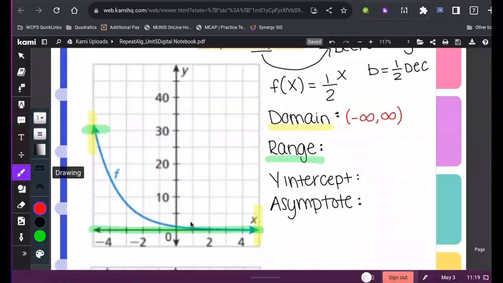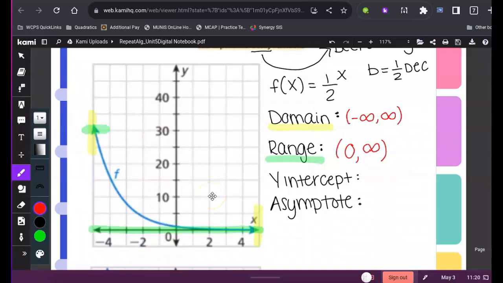So the lowest y value is at the number 0, and the highest y value is on the arrow, which means positive infinity. So the graph starts at 0, it doesn't ever go below 0, but then it goes up forever, so up to positive infinity. So our domain and our range are different for these examples.